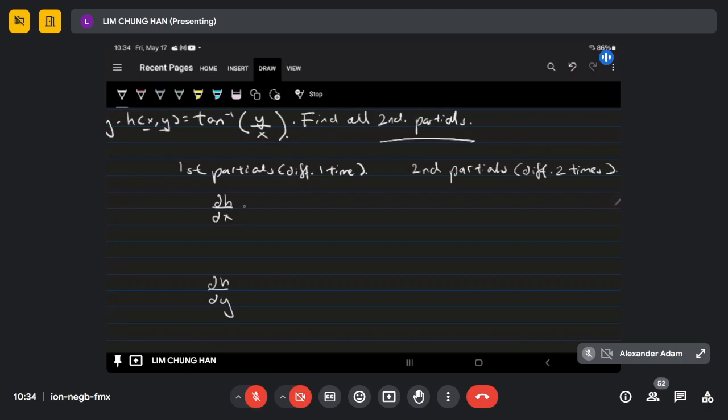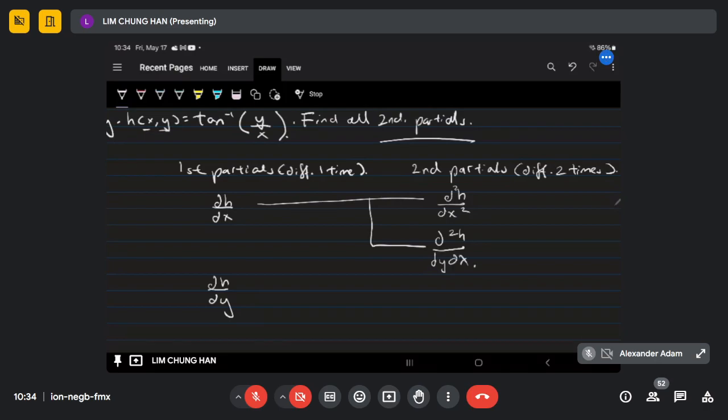So from dh dx, you can do d squared h dx squared. You can also do d squared h dy dx.